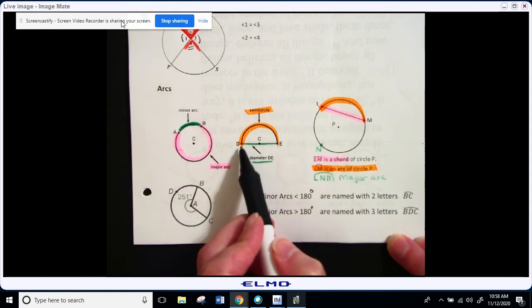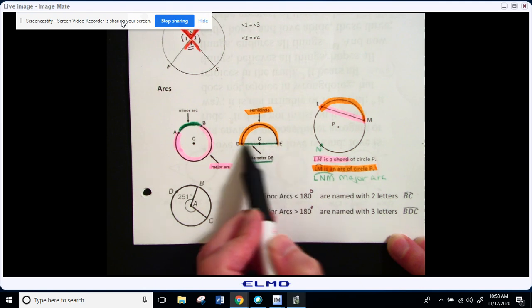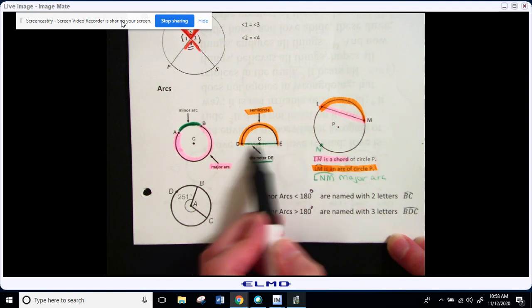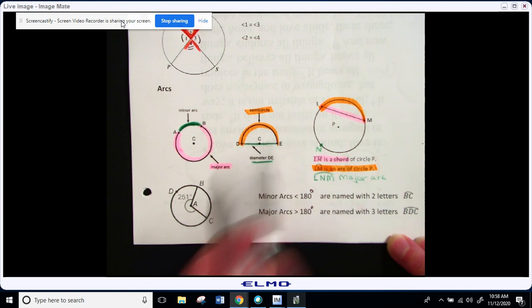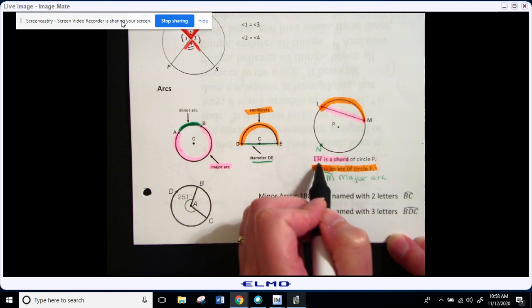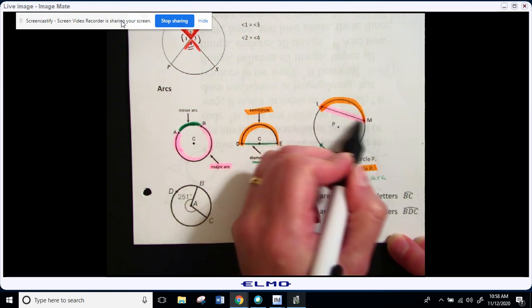Your semicircle is going to be half of your circle. So your diameter coming across here would be DE going through the center C, but there's your 180 degree angle, which is your semicircle. A chord is labeled as going from your point on the circle to another point on the circle.